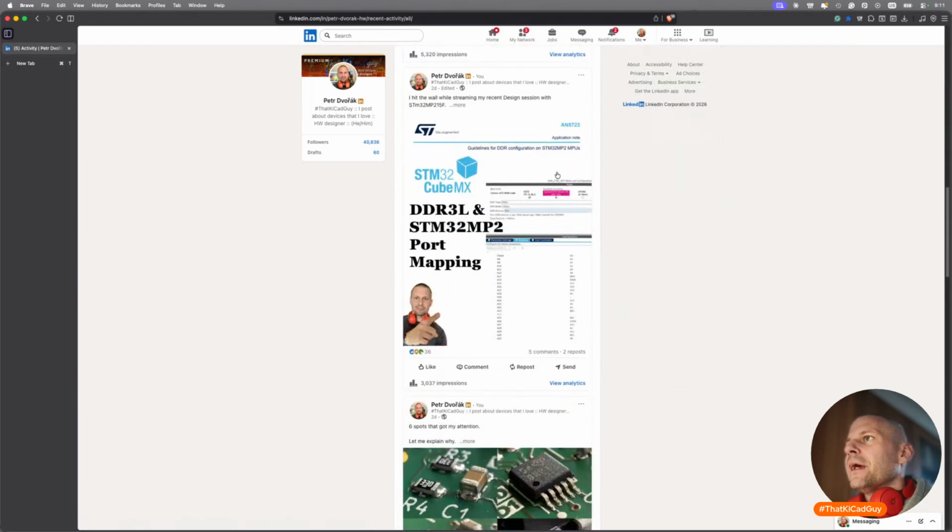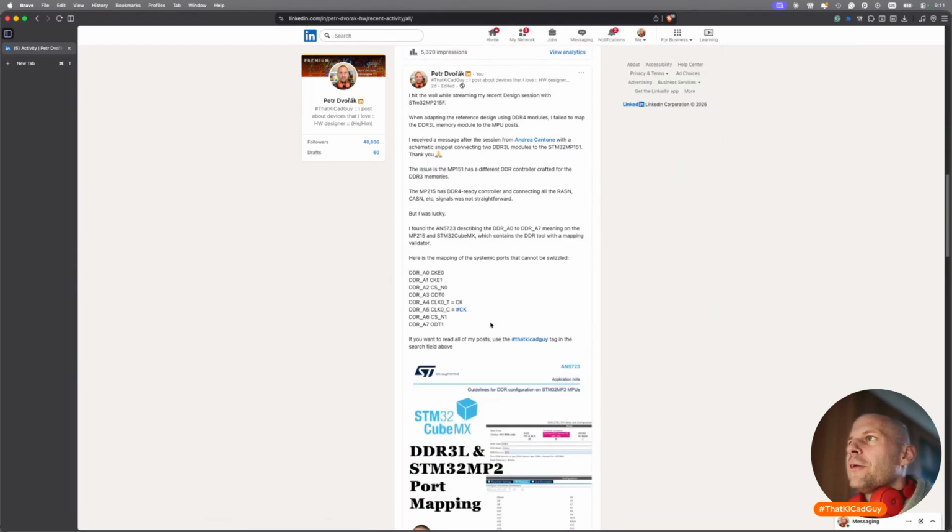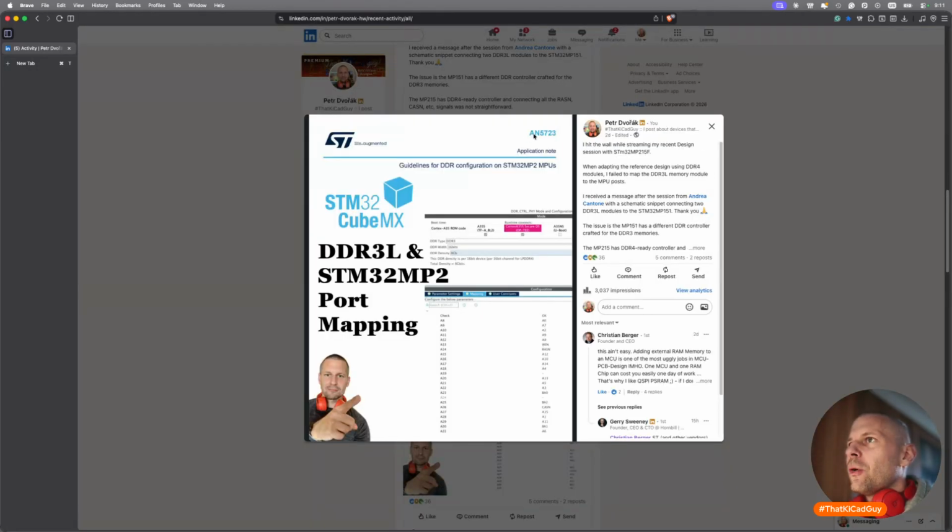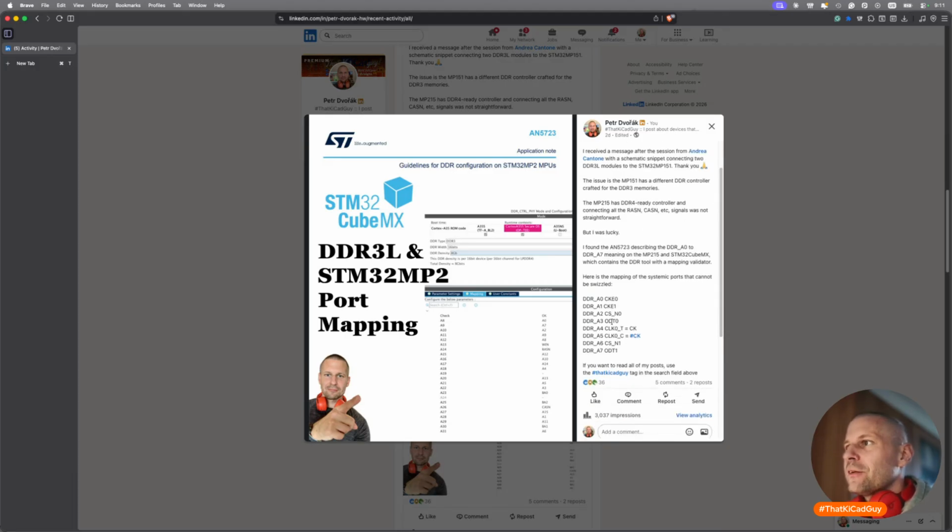I found this application note by ST that I opened during the session, and actually it contains the mapping of the A0 to A7 ports on the MP215, which, in the case of DDR3, are hard-coded systemic signals for the DDR3 memories.